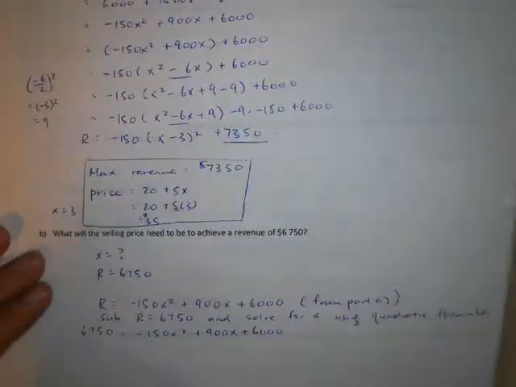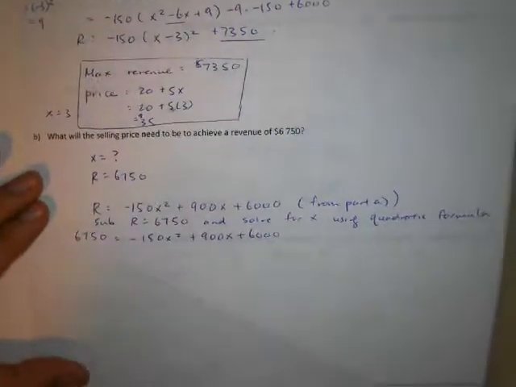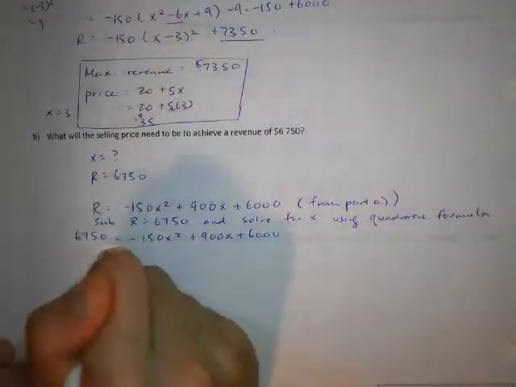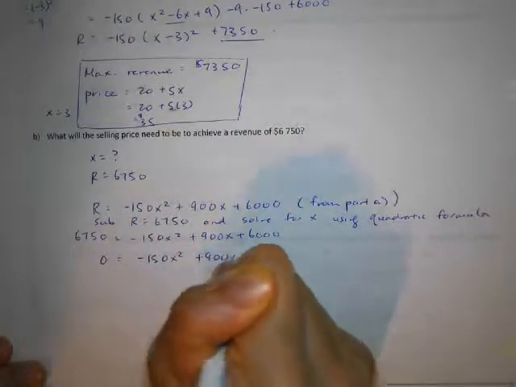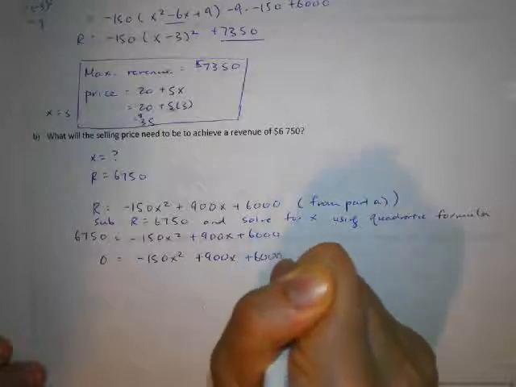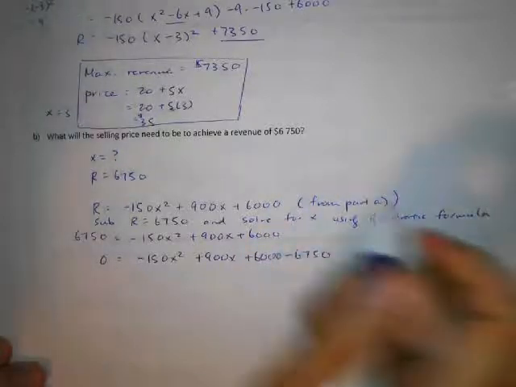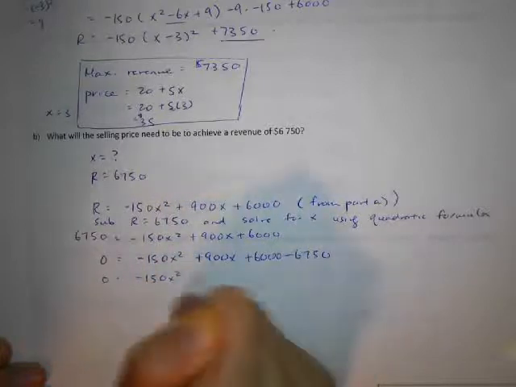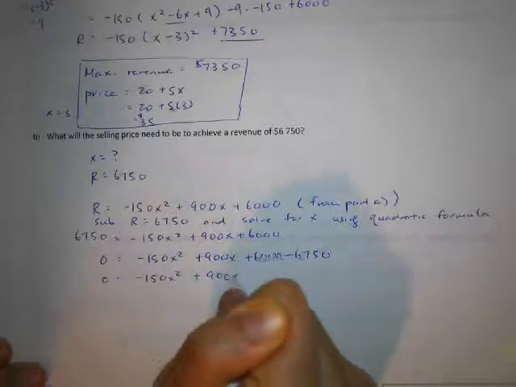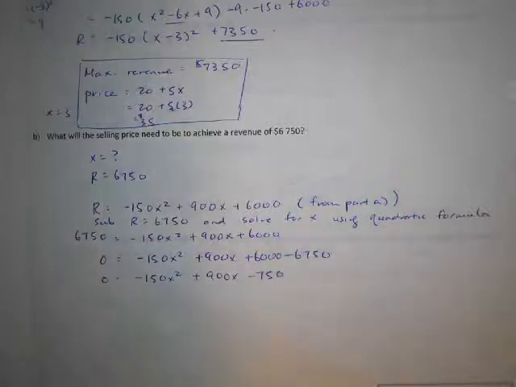Okay, so make sure your equation is set to 0 for us to solve. Move the 6,750 over, and that makes the equation become this.